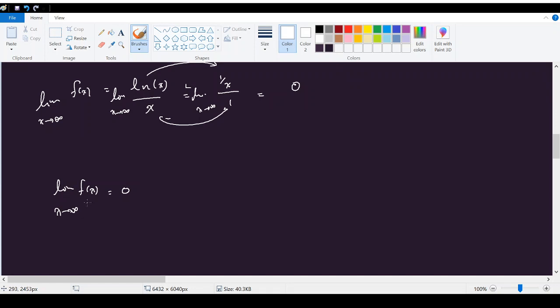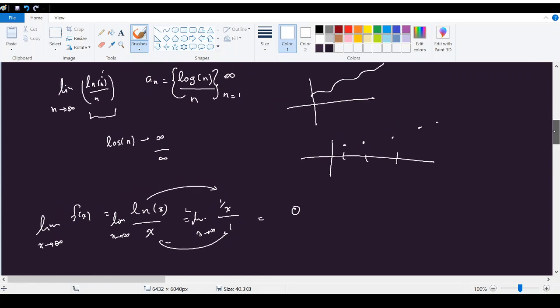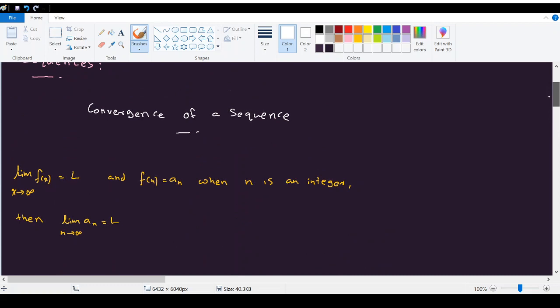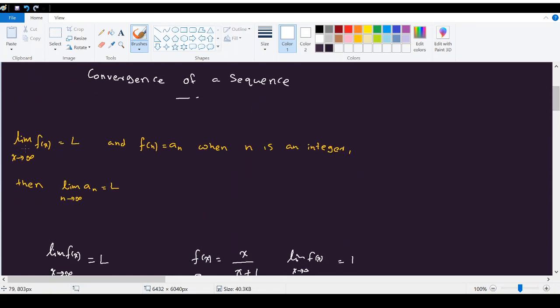And how did we obtain this function? We considered the corresponding one for this sequence. So let's move to that theorem we mentioned at the beginning. It says if we have a function and it converges, then the corresponding sequence will converge.